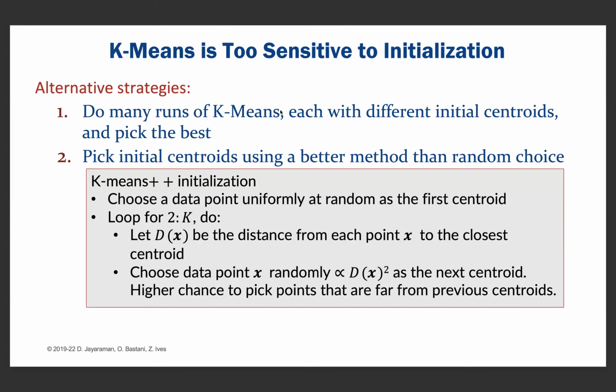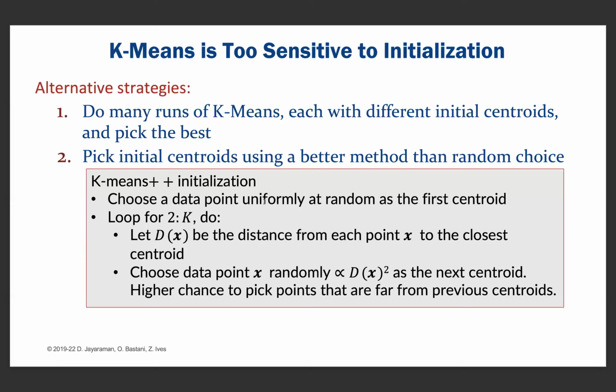Where I was, sorry: k-means is sensitive to the initialization. So we can run k-means many times, get different centroids, and just pick the best one. Or we can do slightly better than a random choice.